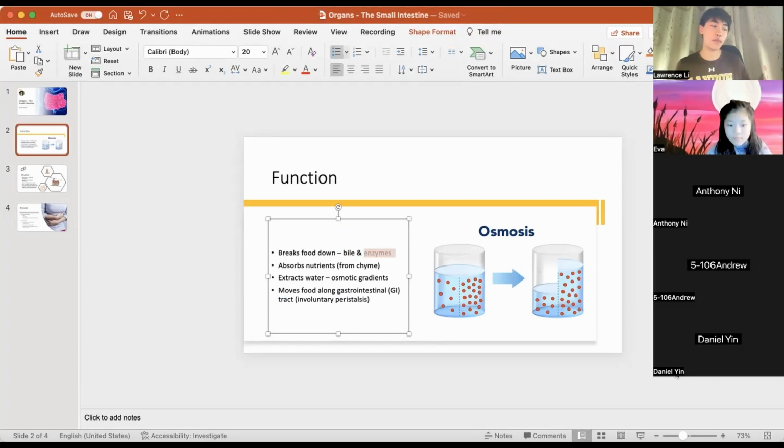No, also not the stomach, but a good guess because it's very close. Liver. No. Eva? Is it the liver or the pancreas? These are all good guesses, but you guys will be surprised to learn that these enzymes do not come from any of the organs. Your food? Also a good guess, but no. This is a tricky one.